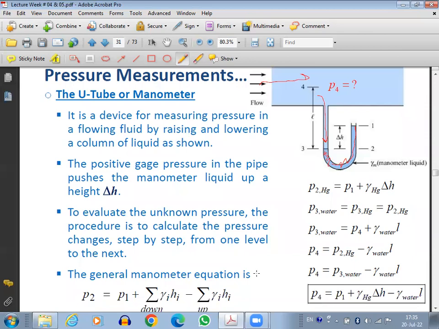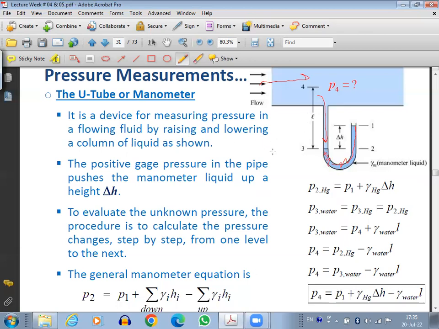Okay, U-tube manometer eliminated some of the disadvantages. Two disadvantages were eliminated. The first disadvantage or limitation was that lower pressures cannot be determined. Low vacuum pressures cannot be determined. Now vacuum pressures are possible to be determined. How?